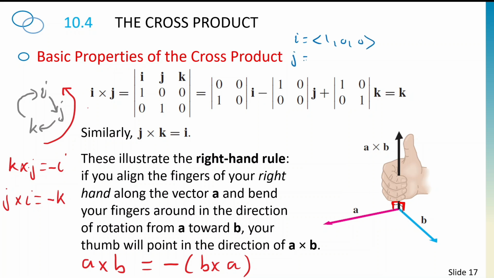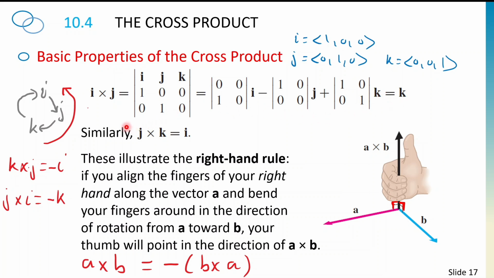And we know that j equals 0, 1, 0, and k equals 0, 0, 1. Okay, these are the ones we covered in section 10.2, the standard basis. So if I multiply I times j, the result will be k. Notice this is 0, this is 0, and only k is 1.